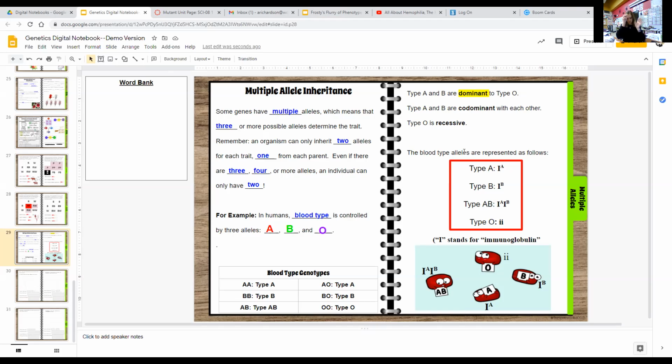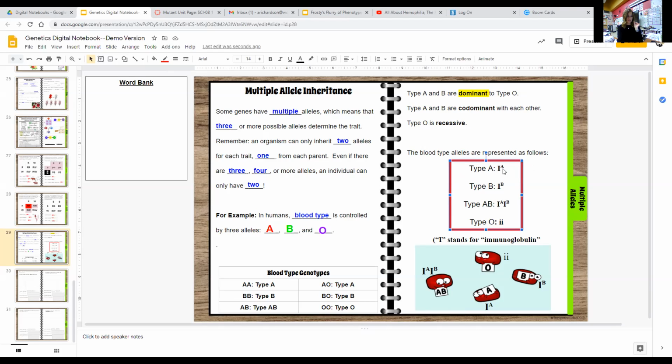Now, when it comes to blood typing, we don't use B for blood. We use an I. So every time you're going to do blood typing from here on out, blood typing is always represented with an I. It stands for immunoglobulin, which is a chemical in blood. All right. And the way we represent it is type A is a capital I for dominant, and then it gets a little superscript A up there.